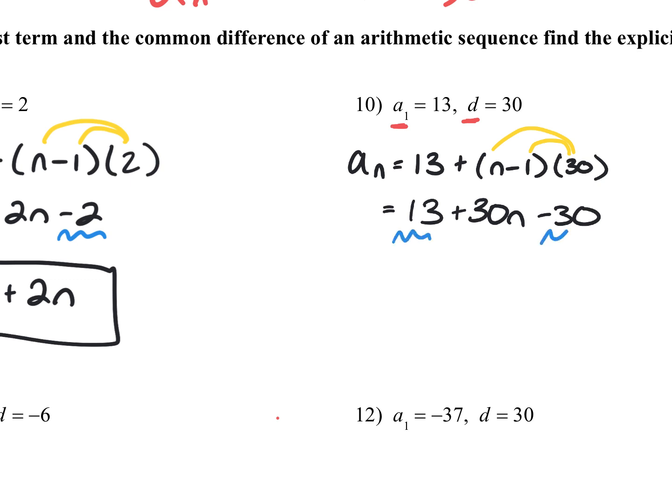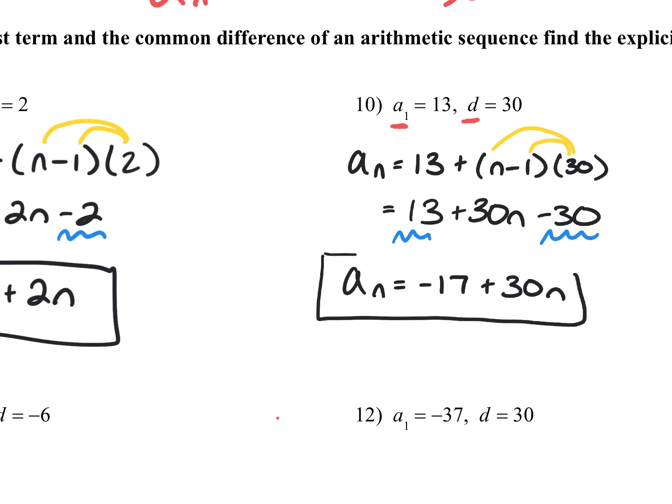You have like terms of positive 13 and negative 30, so a sub n would equal negative 17 plus 30n. That would finalize to give you your explicit formula. Okay? Does anybody have any questions on these?